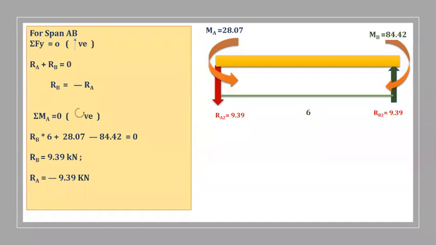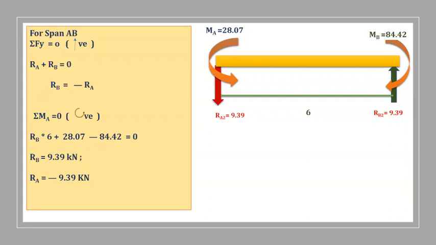After calculating the support moments, we find the support reactions. So RA2 plus RB2 equal to 0, since there is no additional load. Now RB equal to minus RA. In all previous problems and cases, we got RA plus RB equal to some value, but here there is no such sum. So RB equal to minus RA.